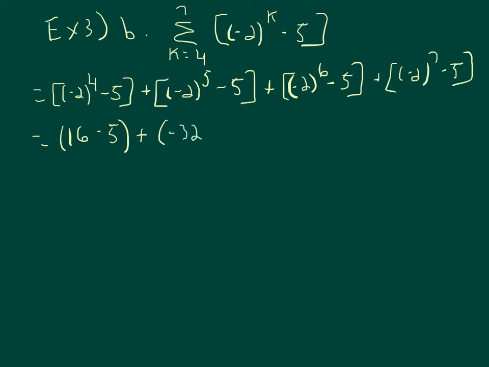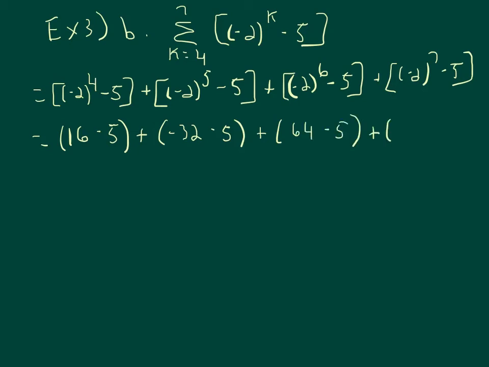So negative 32 minus 5. Negative 2 to the 6th is 64. It's a negative number to an even power, so it's positive 64 minus 5.